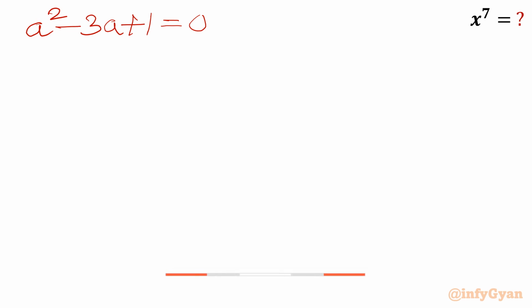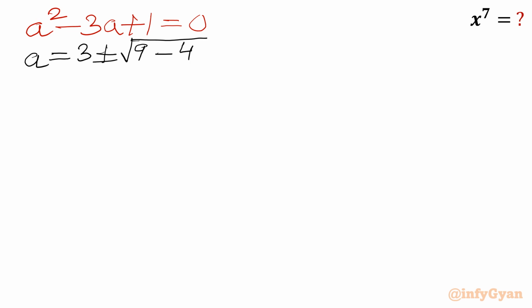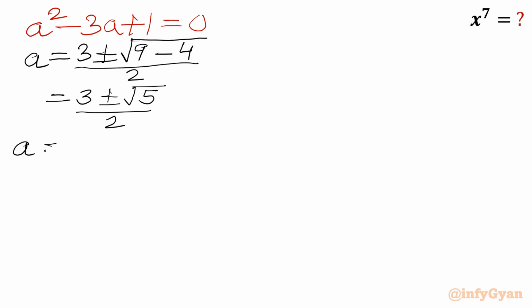Let's use the quadratic formula. So I can write a will be equal to minus b, so 3, plus minus square root of b square, so 9, minus 4ac, so minus 4, over 2a, so 2. Equal to 3 plus minus square root 5 over 2. So I can write two values, (3 plus root 5) over 2 and (3 minus root 5) over 2.